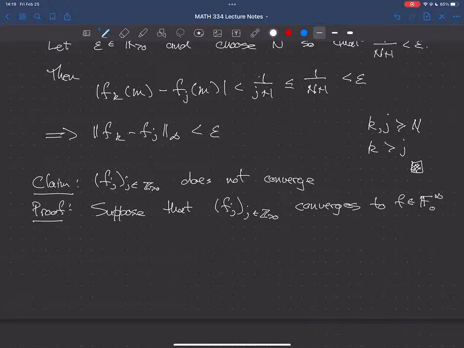So it converges to some f. I take an m and fix an m, and for this m, I'm going to claim that f at m must assume some value.